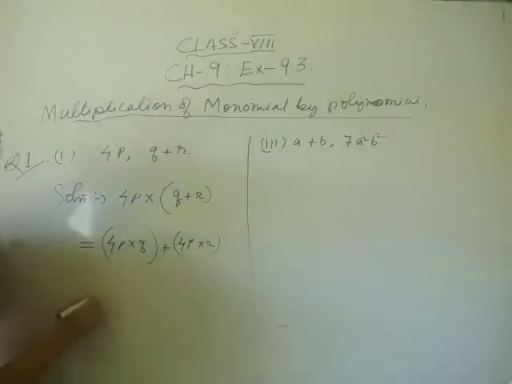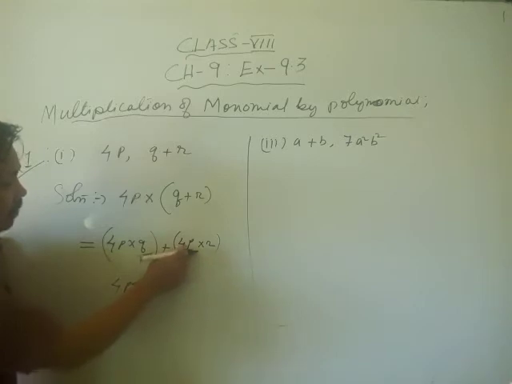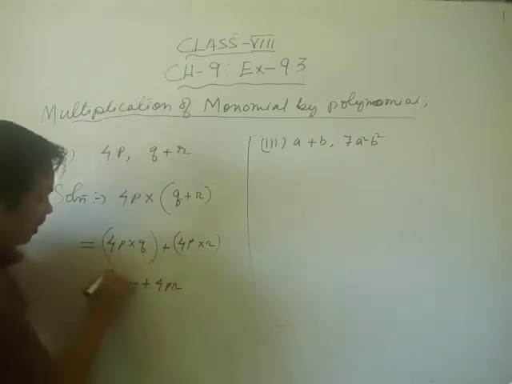Okay. Next, in this first expression, you see here 4p into q. 4p into q means 4pq. Then plus will come here, and in this 4p into r, that means 4pr. So this is the answer.